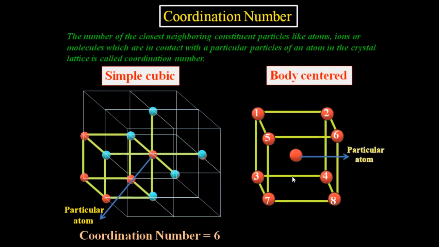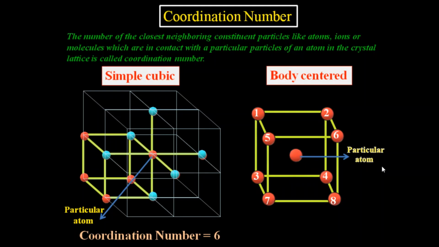The next one is the body-centered cubic. In this unit cell, 8 atoms, 1, 2, 3, 4, 5, 6, 7, 8, are present at the corners, while one additional atom is in the body center, this one, which is represented by this arrow as a particular atom.